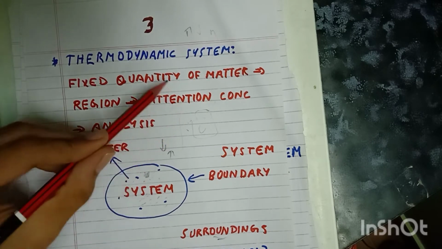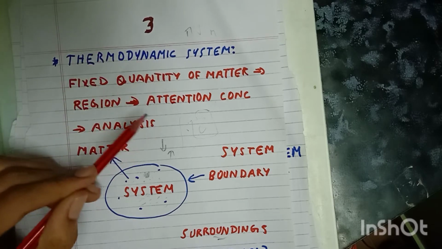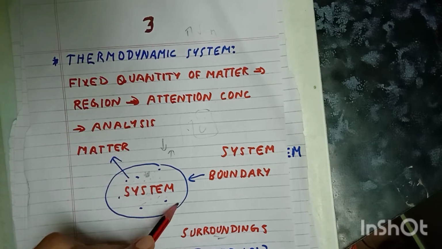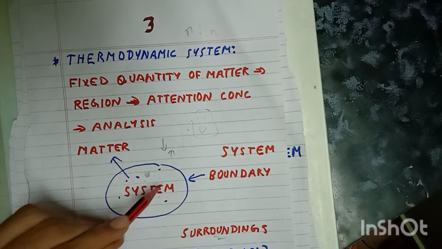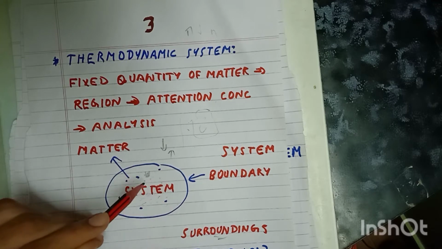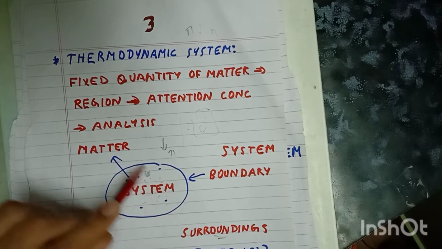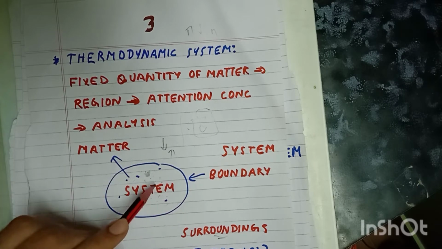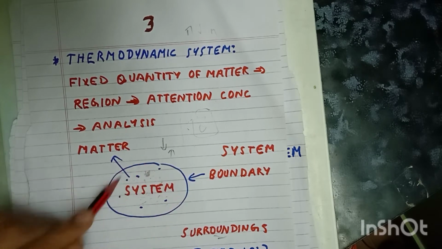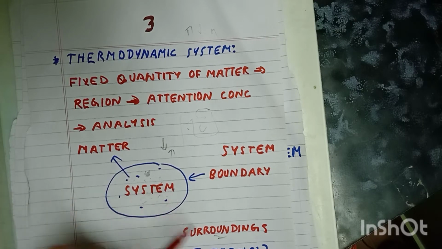In the previous video we saw the thermodynamic system. It is a fixed quantity of matter in a particular region where we are focusing for the analysis. This we call the system, and outside the system we call it the surroundings.